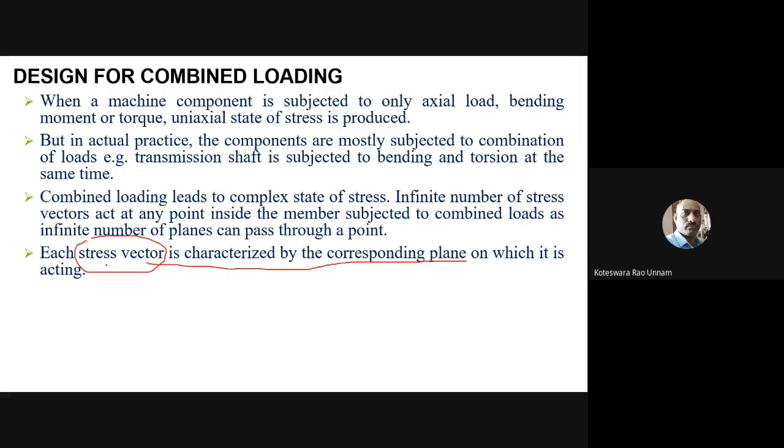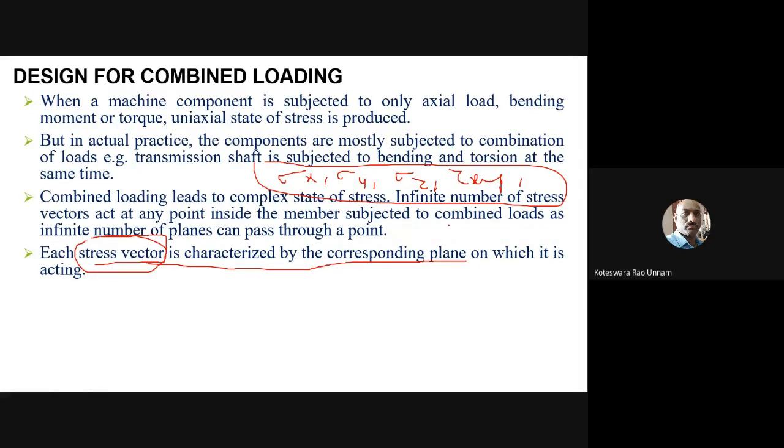In case of triaxial state of stress, you need to define 6 components of stress. Those are 3 normal stresses: sigma x, sigma y, sigma z, then tau xy, tau yz, tau zx. So you have 6 stresses. If you come to the biaxial state of stress, in the z direction all the stress values are 0.